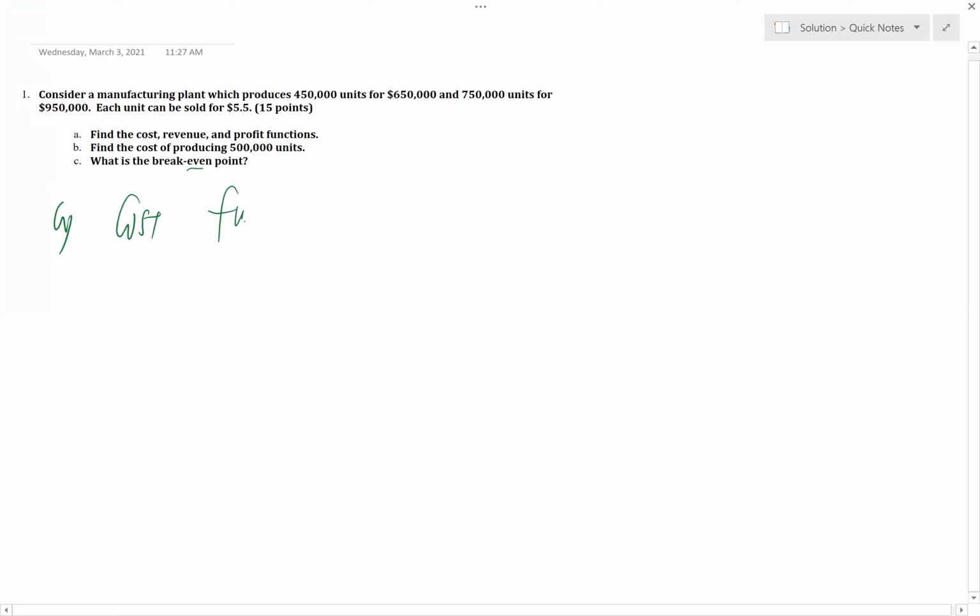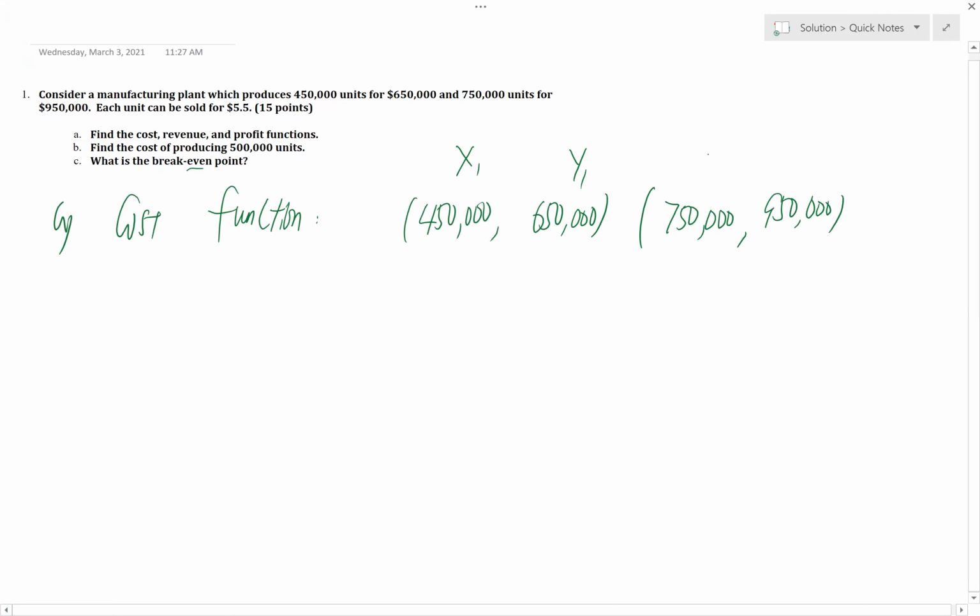For the cost function, we are given 2 conditions, or 2 ordered pairs, basically. The first one is 450,000 units for $650,000 cost. The other ordered pair will be 750,000 units, cost $950,000. Now, we are given 2 ordered pairs, just like any other question. So here, let's define x for the cost function.